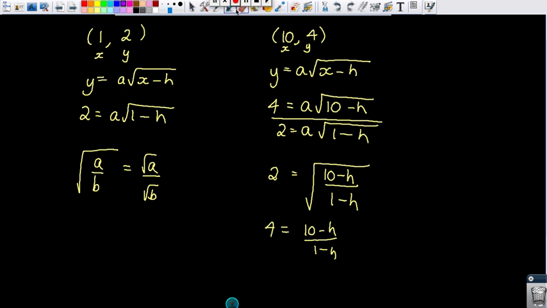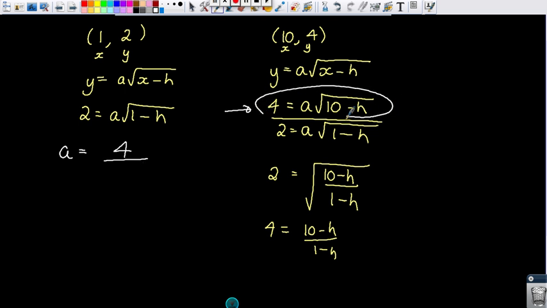You could also take this one here and say a equals 4 over root 10 take h. I'm trying to get a by itself. Did you get this where we divided? Tom did. We're just saying other people looked at it differently.